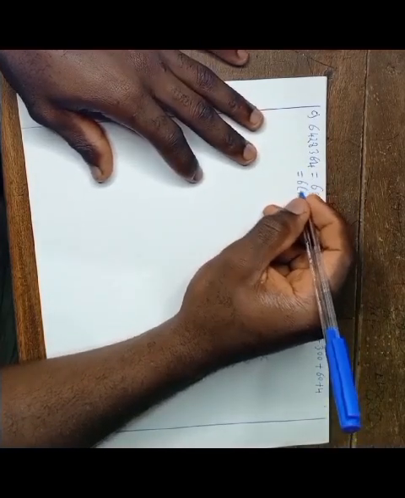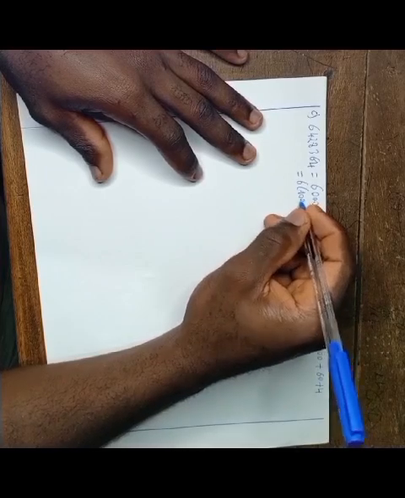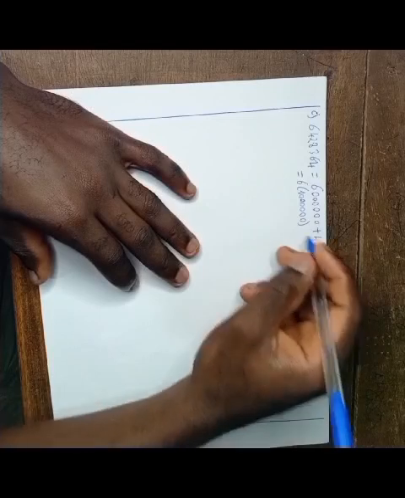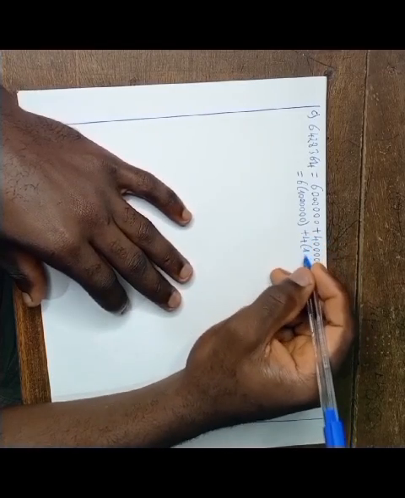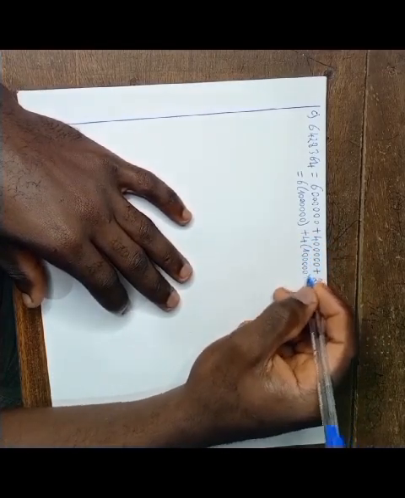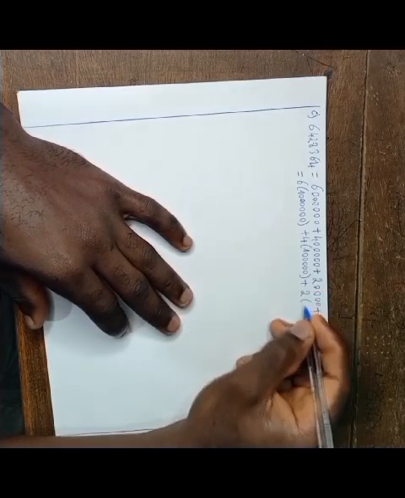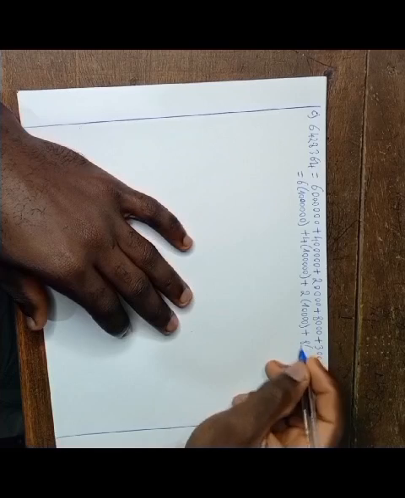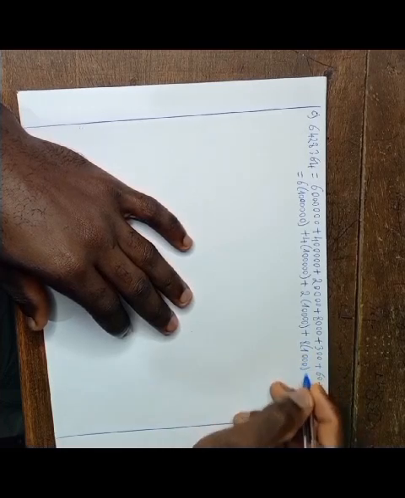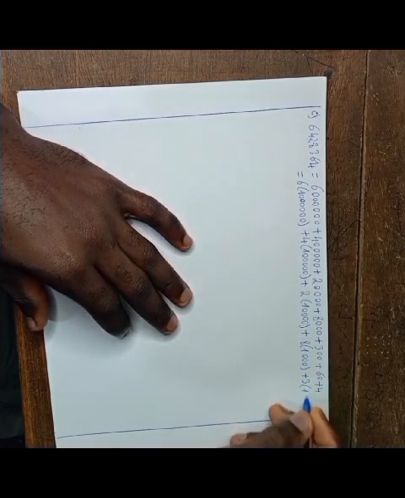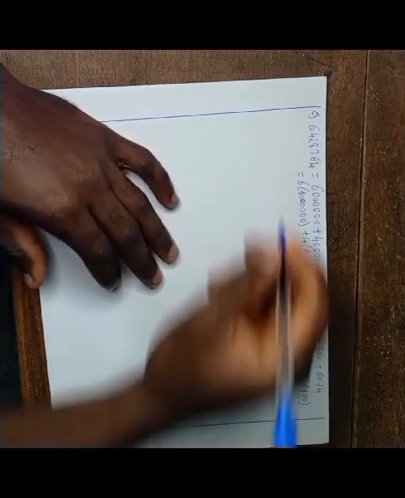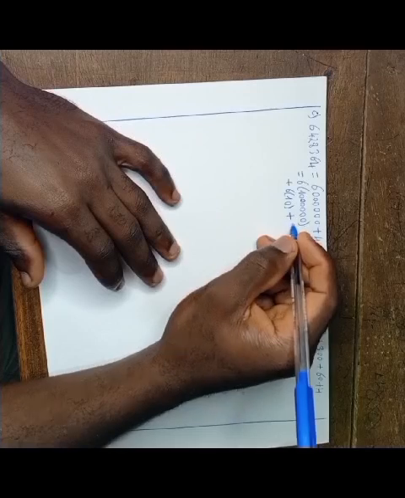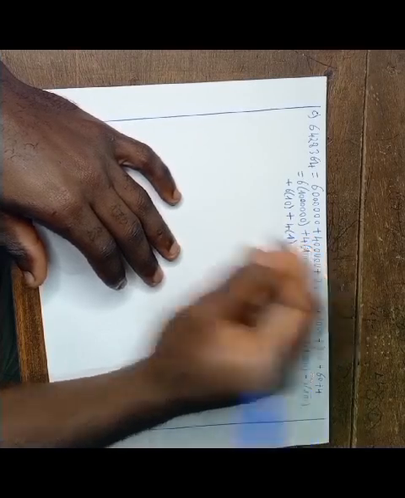This will give us 6 times 1,000,000 plus 4 times 100,000 plus 2 times 10,000 plus 8 times 1,000 plus 3 times 100 plus 6 times 10 plus 4 times 1.